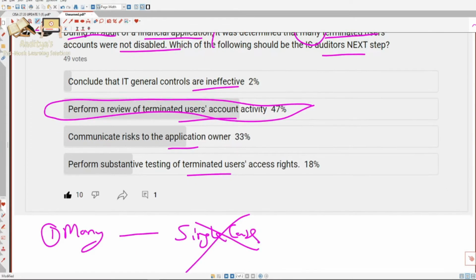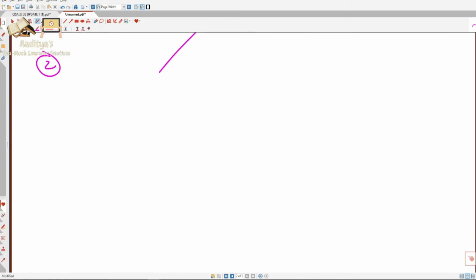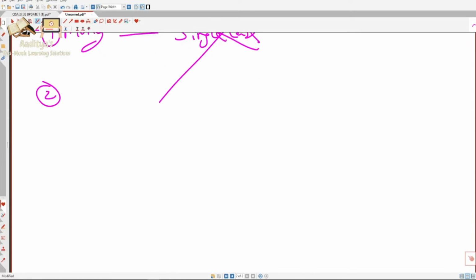Let me take a simple example. Let's say there is a virus in your laptop or your PC. Does it mean that you are going to suffer a loss?